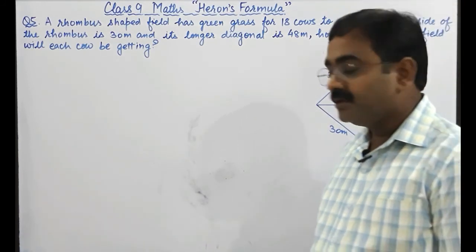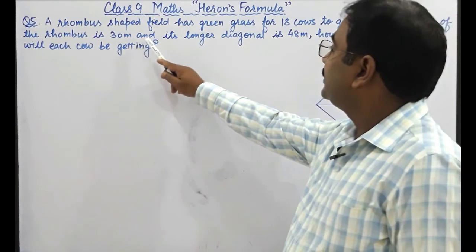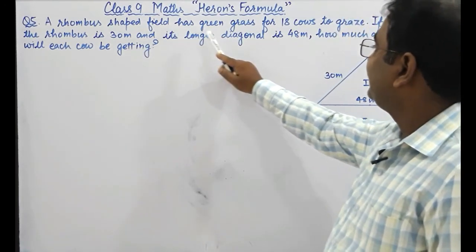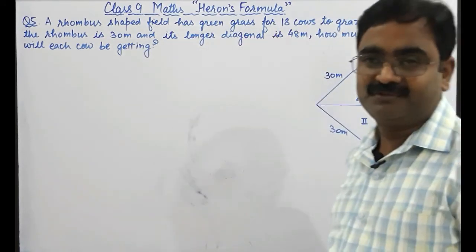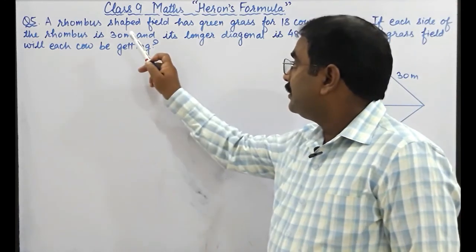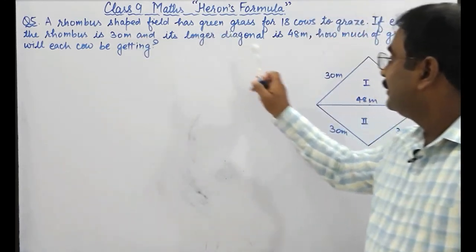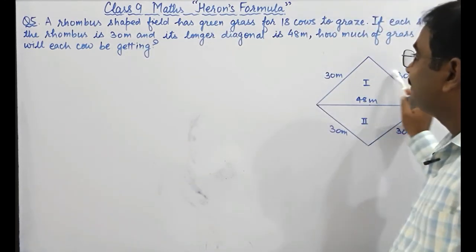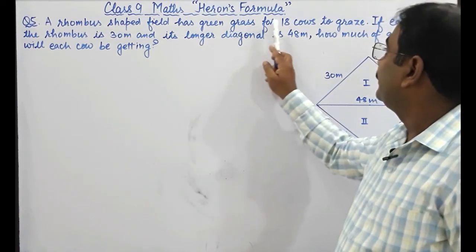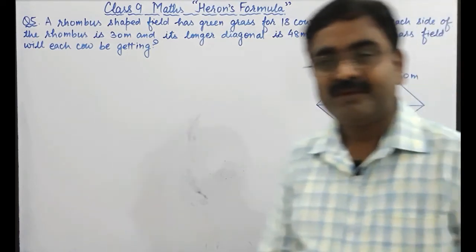In this question it is given that a rhombus shaped field has green grass for 18 cows. So a field having green grass and it is for 18 cows to graze.